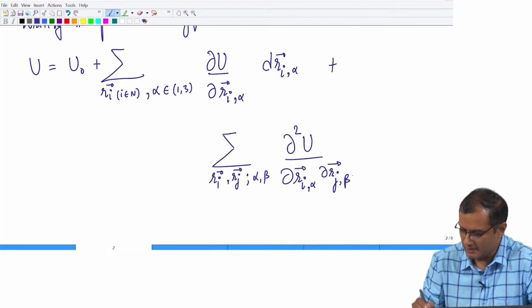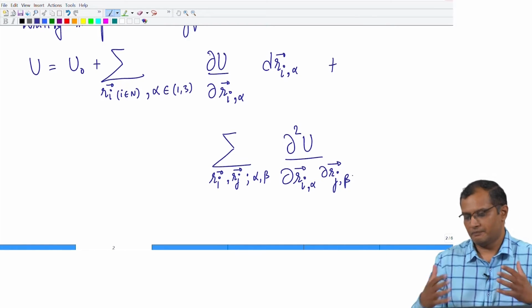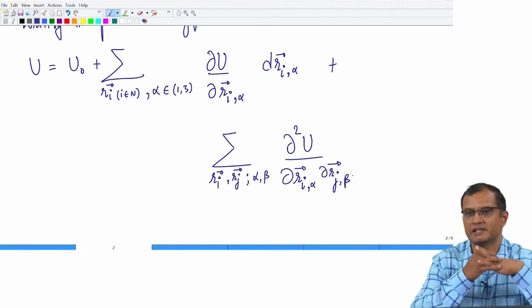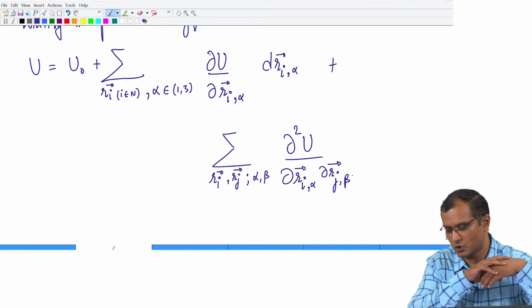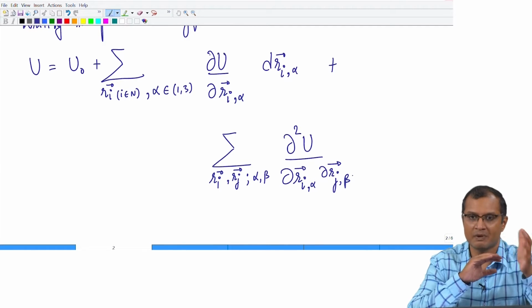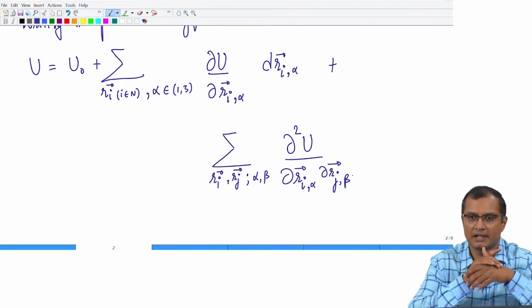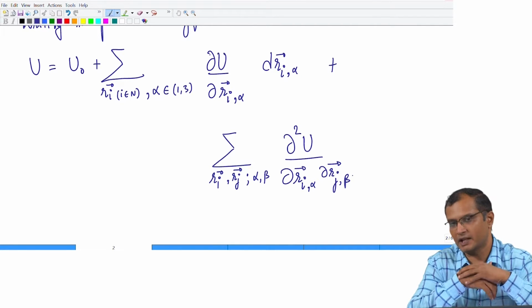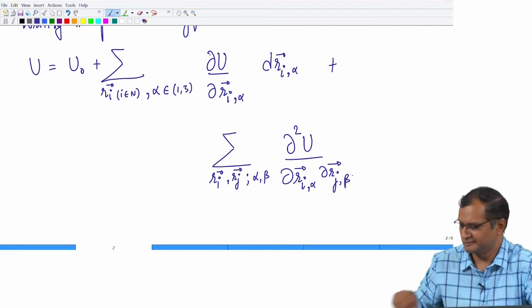So, by taking all combinations of i alpha and j beta, you are taking second derivatives of all types. So, there will be d square u by dx square for first particles, there could be d square u by dx1 dx2, and so on and so forth. So, basically all possible second order derivatives have to be taken here.